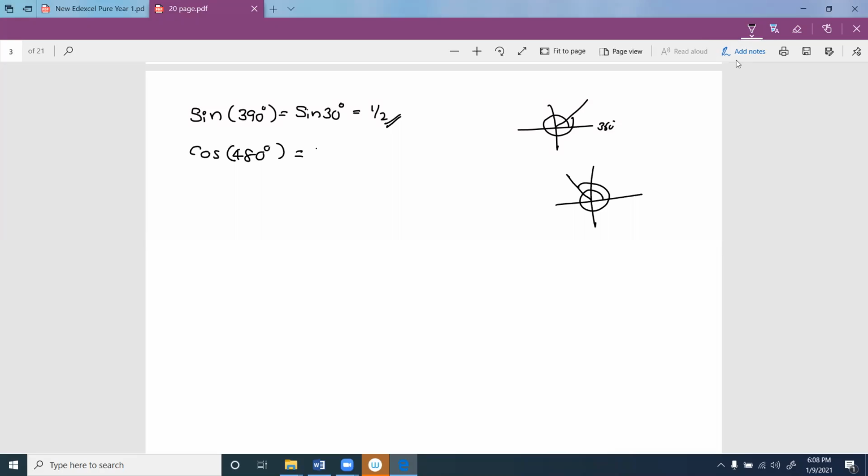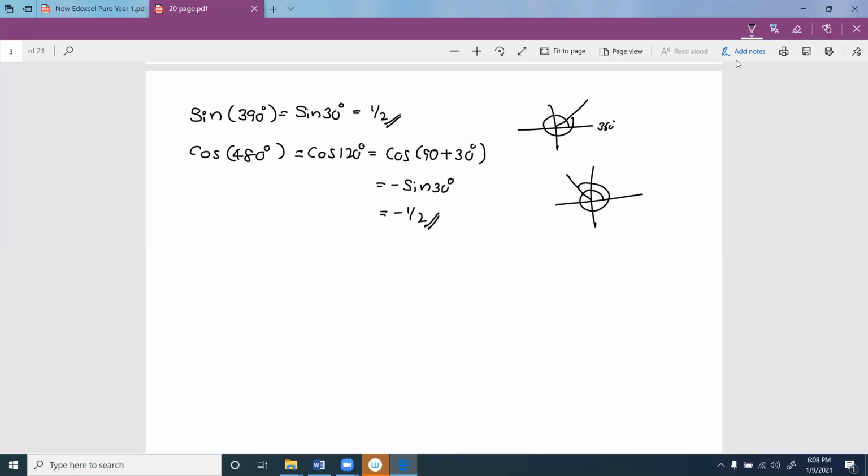This is similar to cos 120. Cos 120 you can say is cos 90 plus 30, which is minus sine 30. That turns into minus 1 over 2. Or other than that, you can use another technique. If you just put cos 480 straight into your calculator, you get the same answer back.